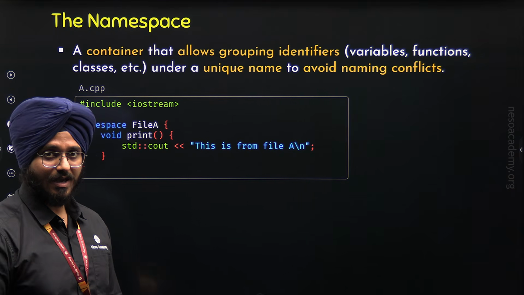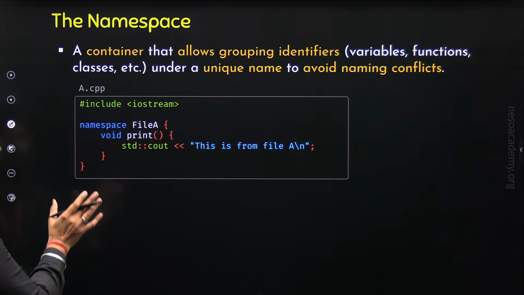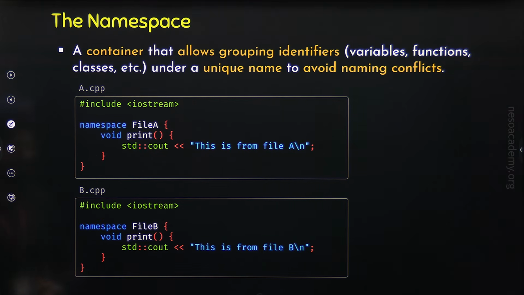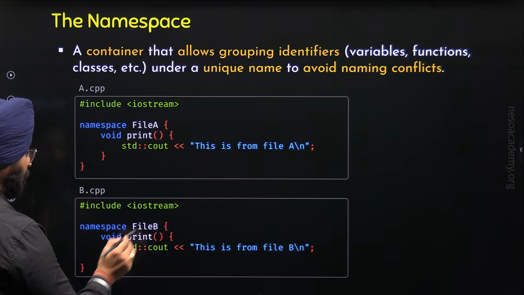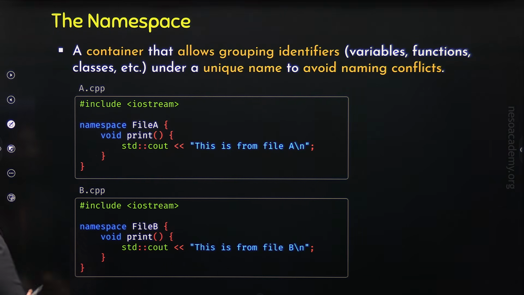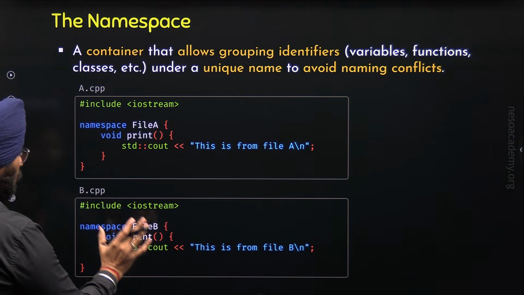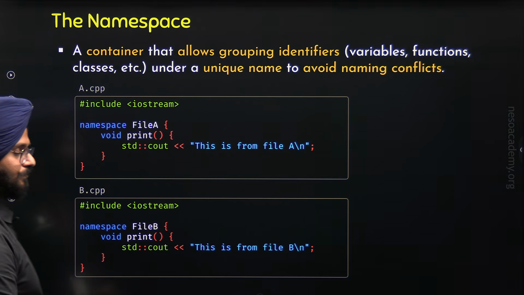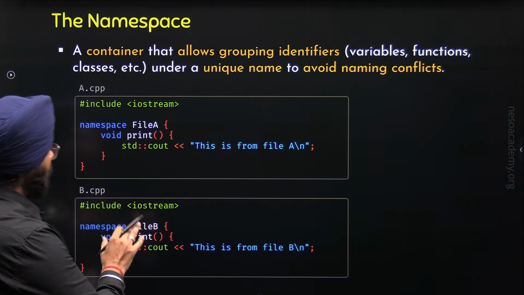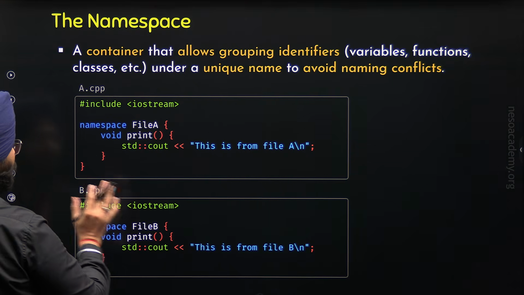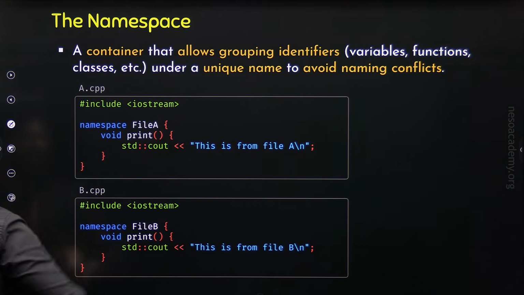In the same way, I have modified b.cpp as well. Here I have defined this namespace file B, and within this namespace, I have added this code of the print function. Now, the linker will observe only these namespaces, not the functions within them.